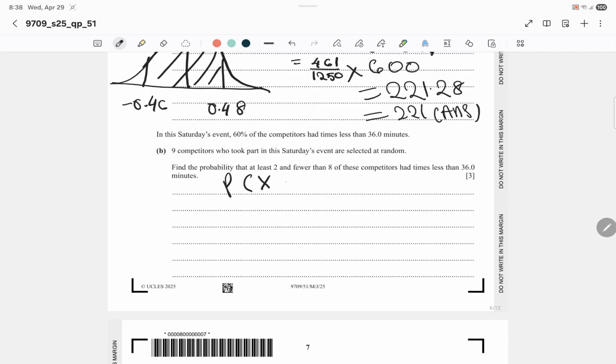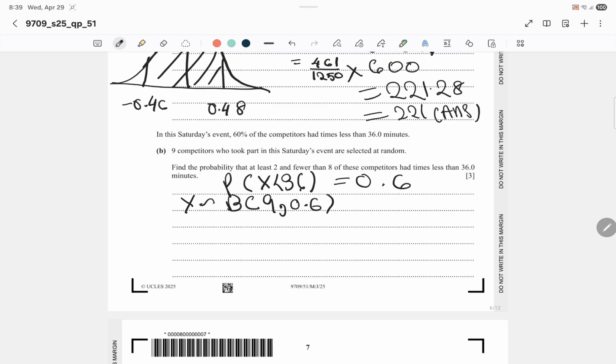So less than 36 is 0.6, which is 60% representing the probability, and the binomial given here is 9, that's the total number, and the probability of success is 0.6 again.